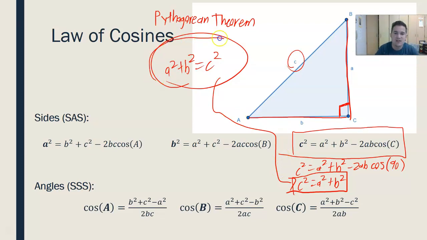The Pythagorean theorem is just really a special case of the law of cosines when this angle is 90 degrees, or a right angle, which just makes all this last stuff 0, leaving you with the Pythagorean theorem. Whoa! Mind blown! I hope that your mind is blown at home, because that is crazy. That's insane.